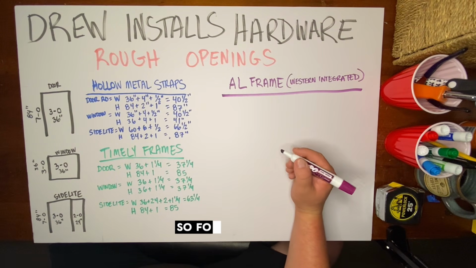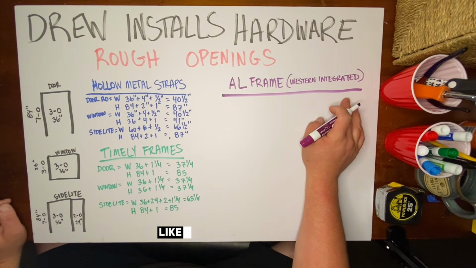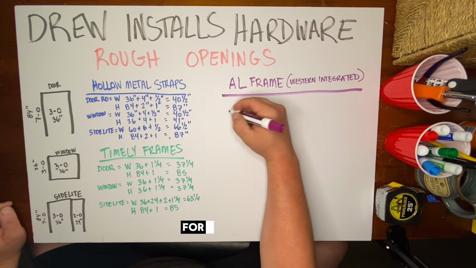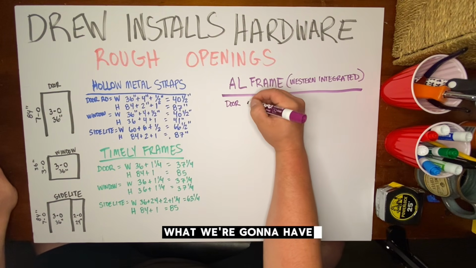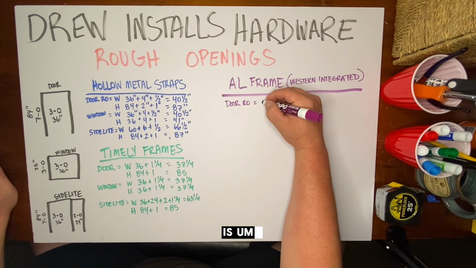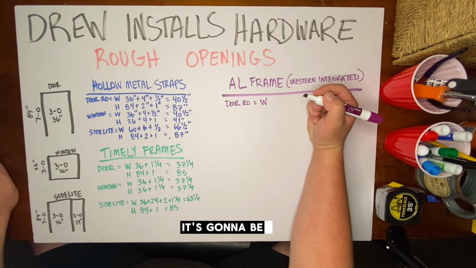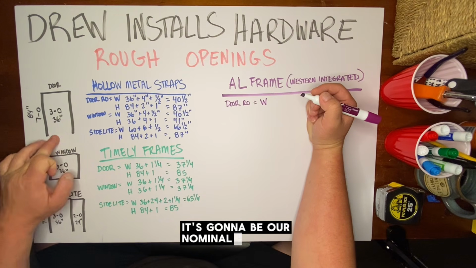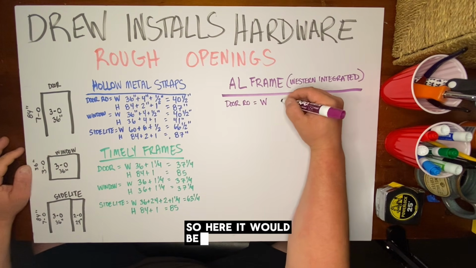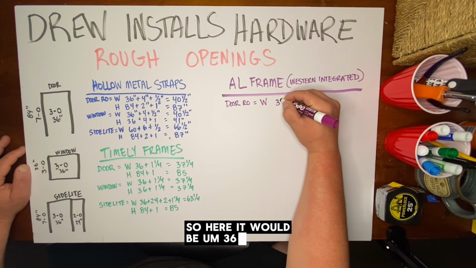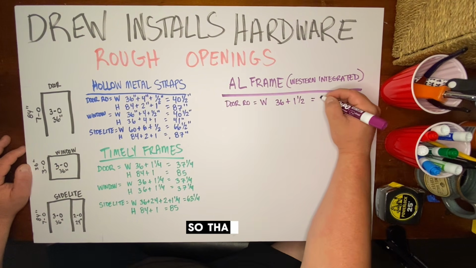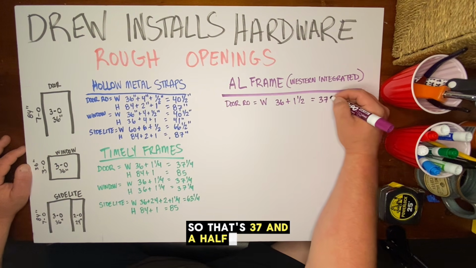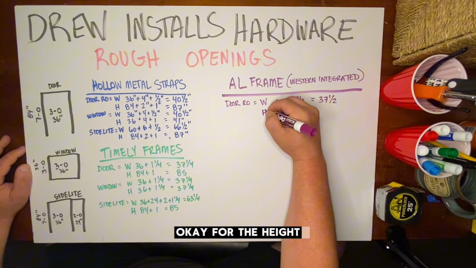So for an aluminum frame, such as a Western Integrated, for just a regular door, the width is going to be our nominal door size. So here it would be 36 inches plus an inch and a half. So that's 37 and a half. For the height, what does it tell us to do?